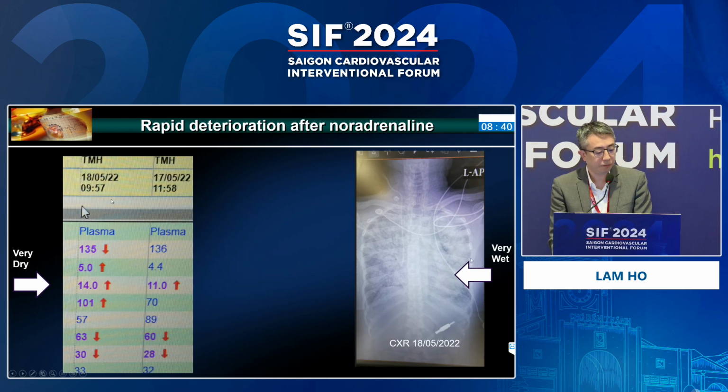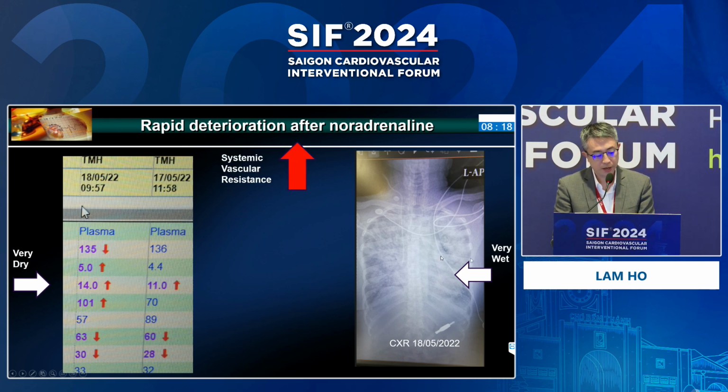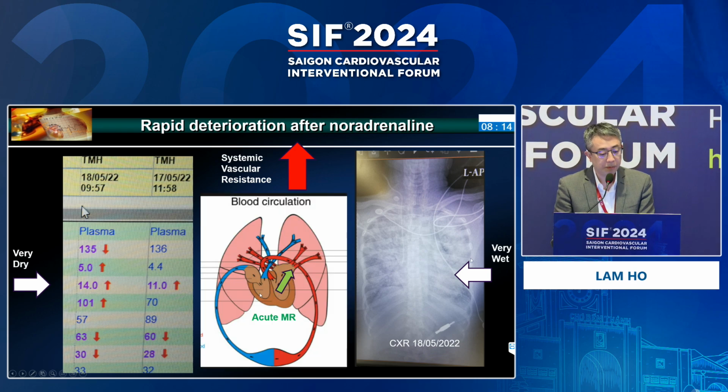You look at here, just after 1 night of noradrenaline, the patient became very dry. On the peripheral side, you can see urea and creatinine increased. It's because the peripheral vessels constrict, poor perfusion. At the same time, you see the chest X-ray, bilateral lungs even more congested than before. Why? It's because it increased the systemic vascular resistance. The patient had acute MR, moderate to severe.